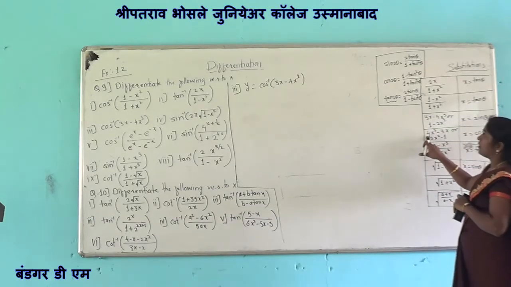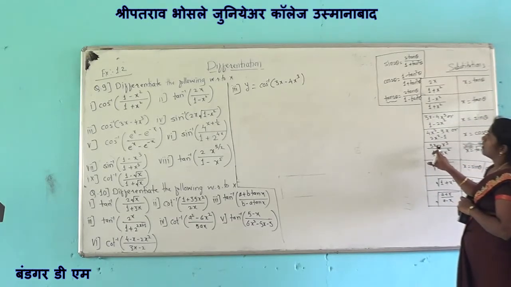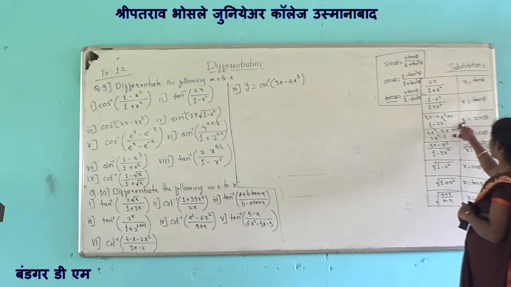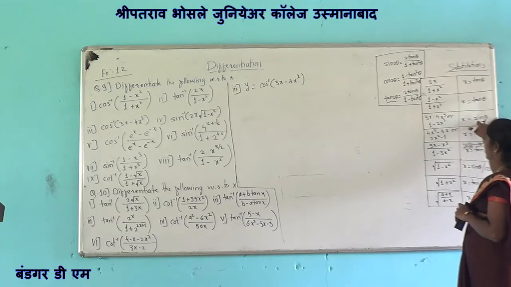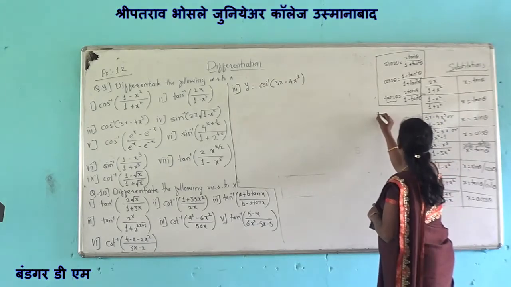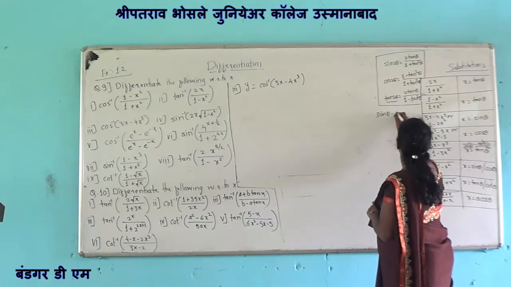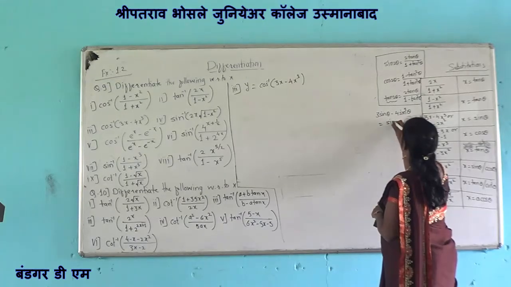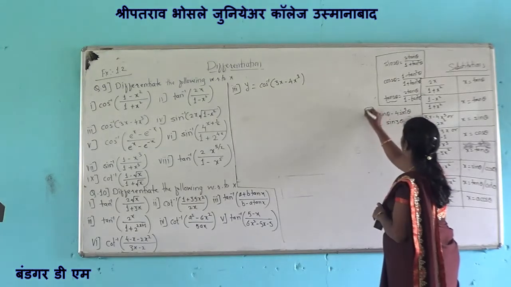If there is 3x minus 4x cube, then we have to replace x by sin theta. And when we replace x by sin theta, we get 3 sin theta minus 4 sin cube theta, which is the formula for sin 3 theta.